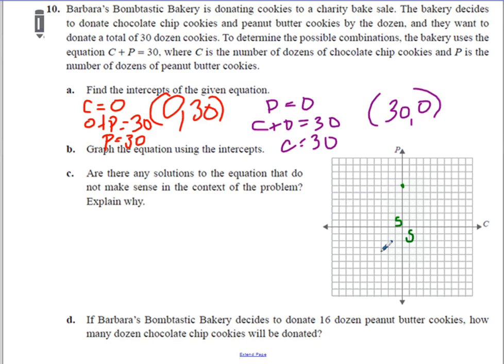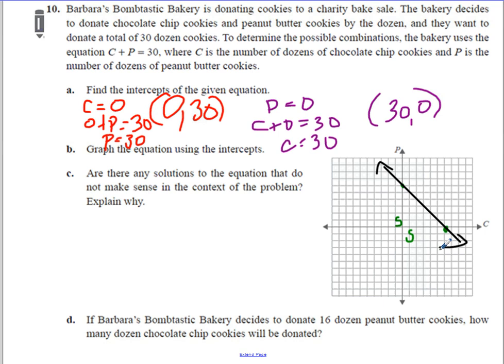And so then our 30 chocolate chip cookies, 30 dozen, I should say, 5, 10, 15, 20, 25, 30, we're right here. And so to draw our line, there we go. And I'll add my arrows. And so that equation is that graph.